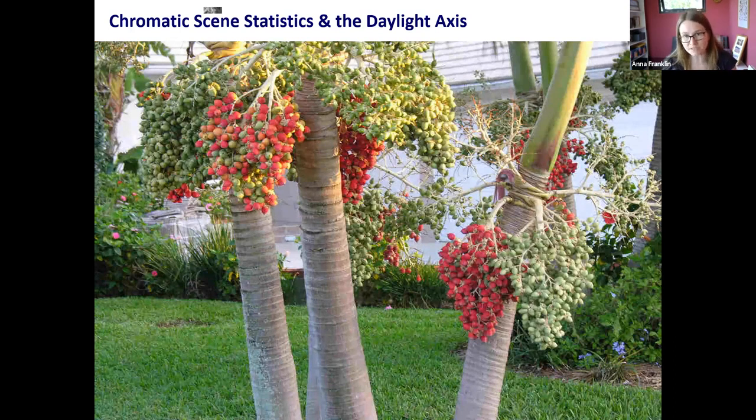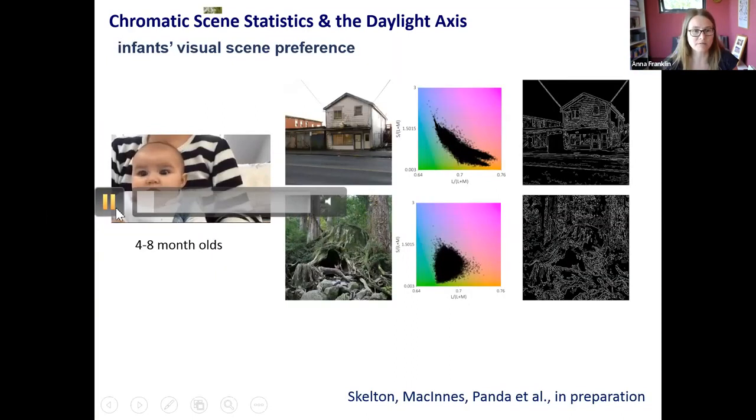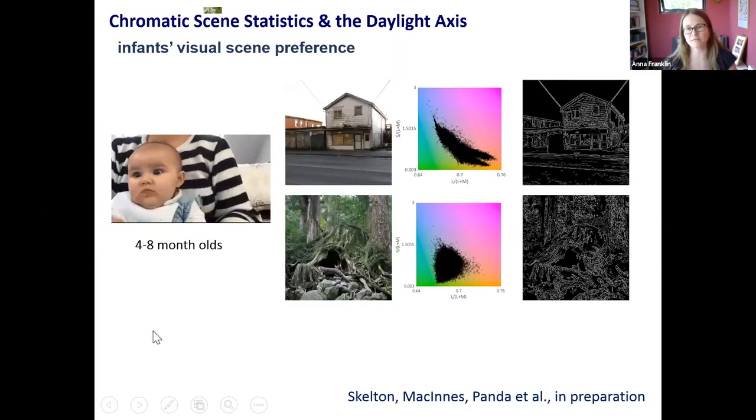There's lots of questions about the development of this aspect of our colour perception, huge amount of questions about it. It's relatively poorly understood. In particular, understanding what infants are sensitive to in a scene and whether they encode the colours of scenes and use that to recognise scenes has been very little investigated.